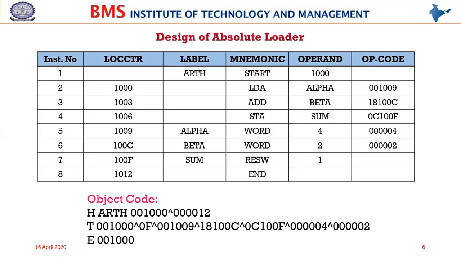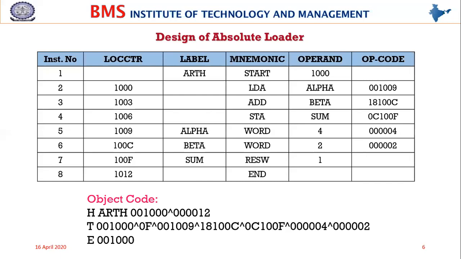The first one is 001009, which you can work out, since it's a simple SIC program. 00 is the opcode of LDA, then the ADD opcode is 18 with beta's address 100C, and the STA opcode is 0C with the sum address 100F. Alpha and beta are constants, so their values are simply mentioned as 000004 and 000002. Fine. After assembly, when this is written into the object code file format, it looks something like this.